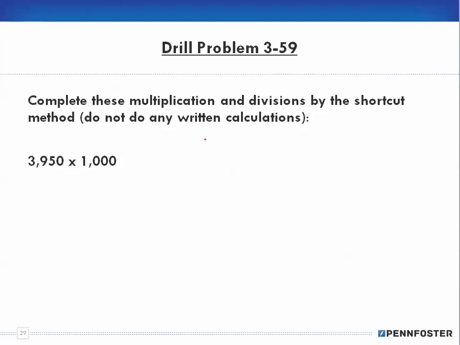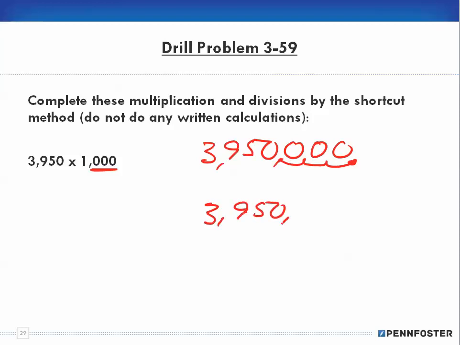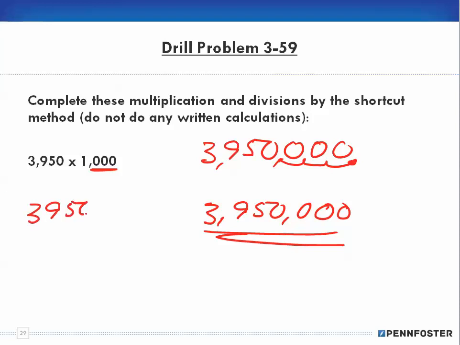Same thing here. 3,950, and if I'm multiplying it 1,000 times, I have to add 3 zeros. So my answer becomes 3,950,000. Now on a number like that, notice that I had written it 3950, and I know my decimal place is here.